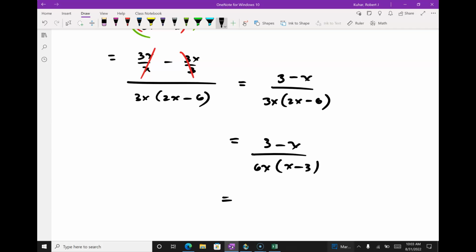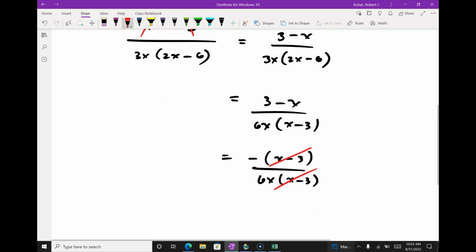My teacher made me factor out that leading negative upstairs. So I get 6x times x minus 3, and now my x minus 3's cancel. Everybody okay here? Am I going too fast? Okay, I'll slow down. I don't mind. I'm not in a rush.